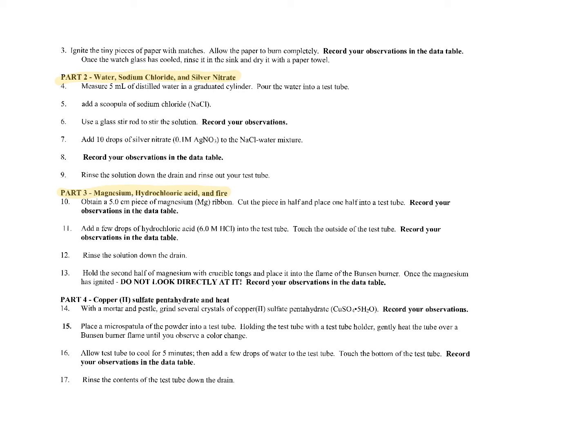Please make sure to call me over when you are ready to turn on the Bunsen burner, and I will teach you and help you with that. Part 4 includes copper sulfate pentahydrate, and again, a heat source. For us, we are going to be holding that test tube again over a Bunsen burner flame.